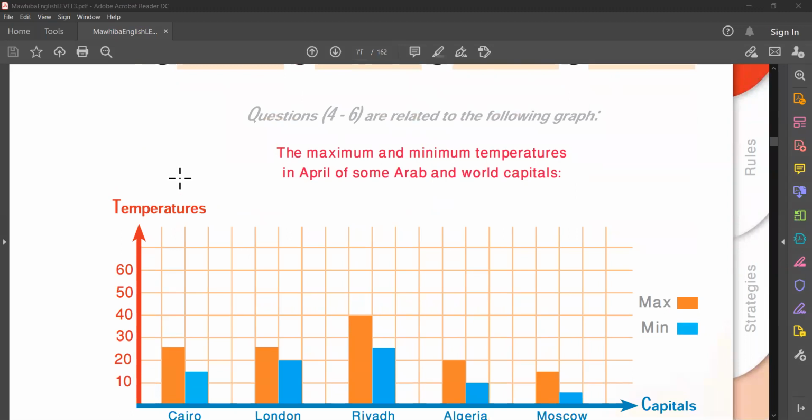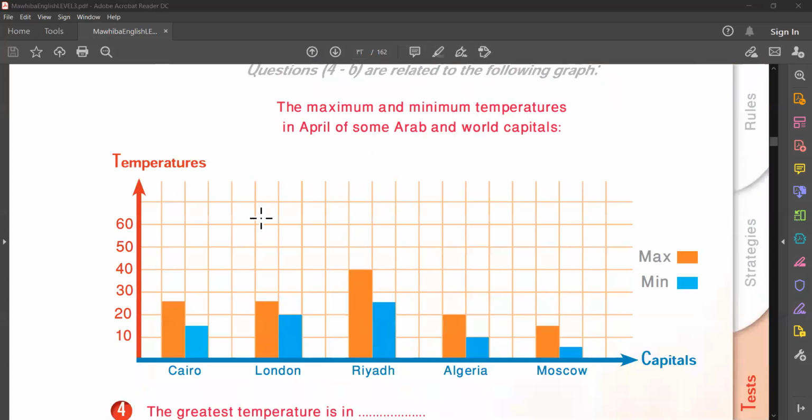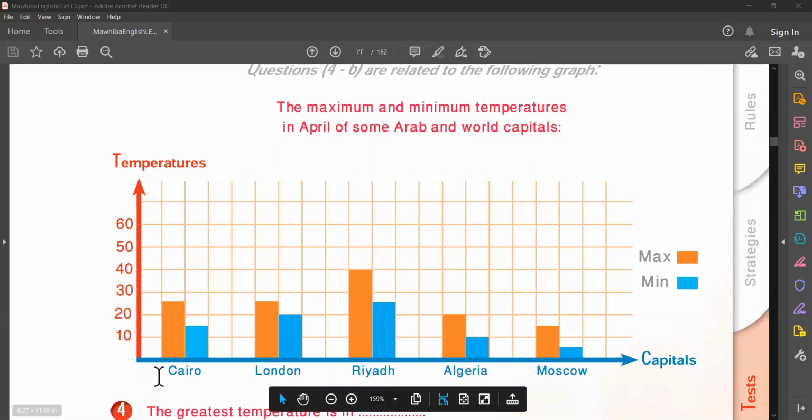Number here. I have now a graph: the maximum and minimum temperature in April of some Arab and world capitals. Look here. Cairo, the temperature is 20 and 10. The maximum is 20.